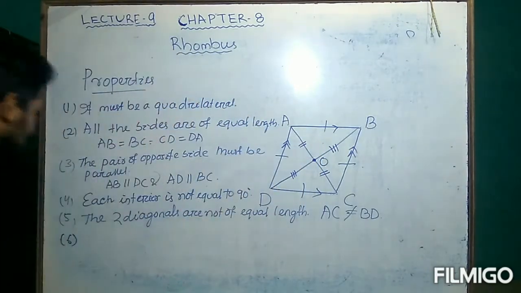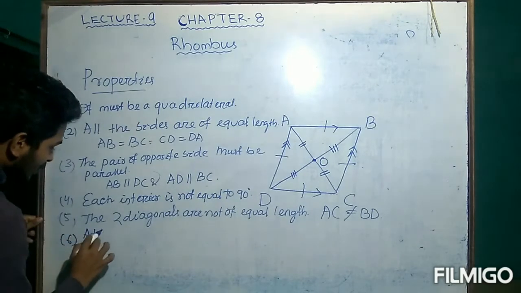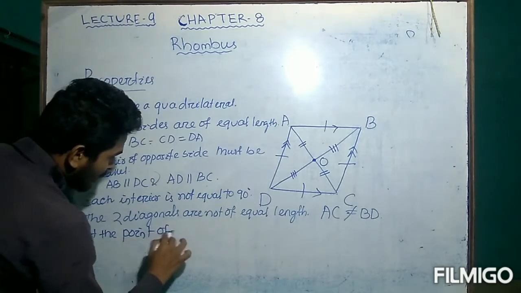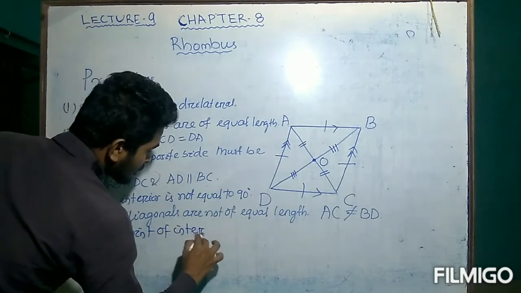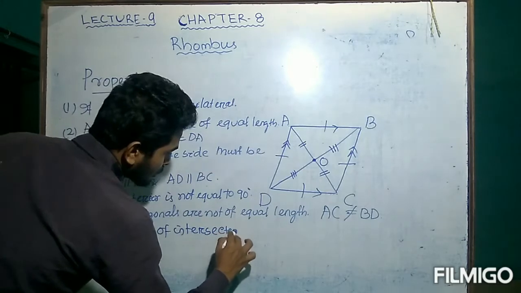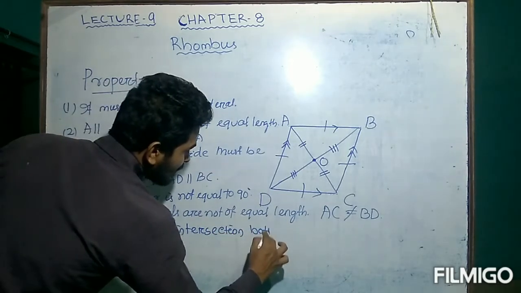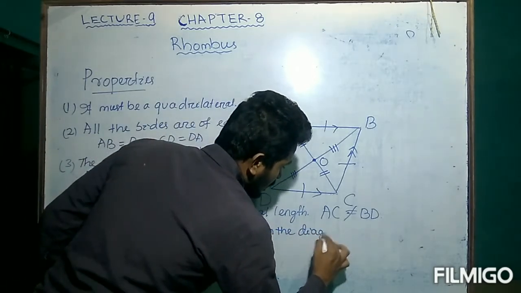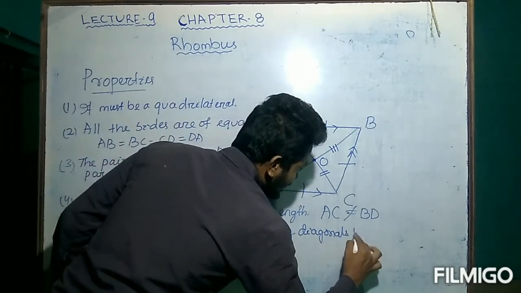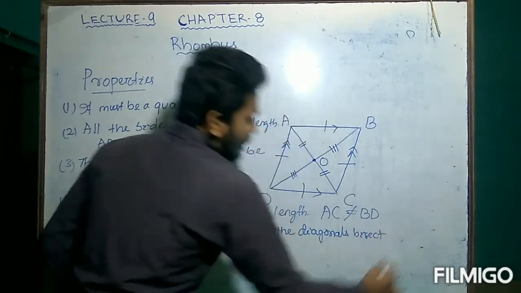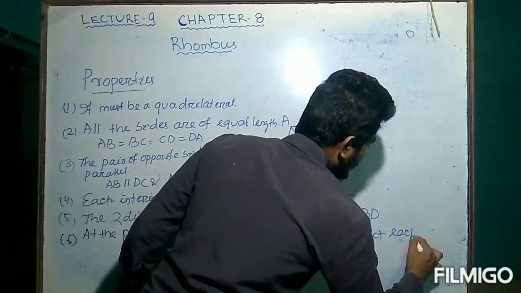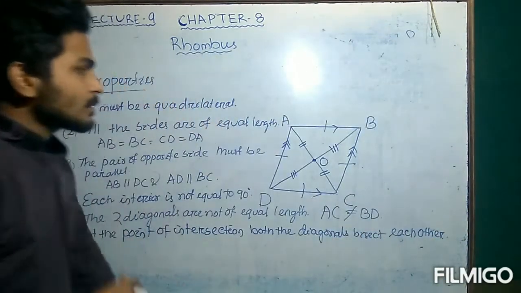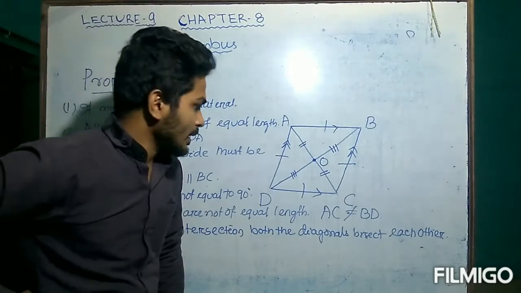So you can write: at the point of intersection, both the diagonals bisect each other.